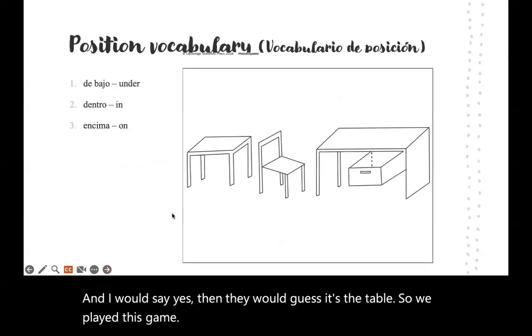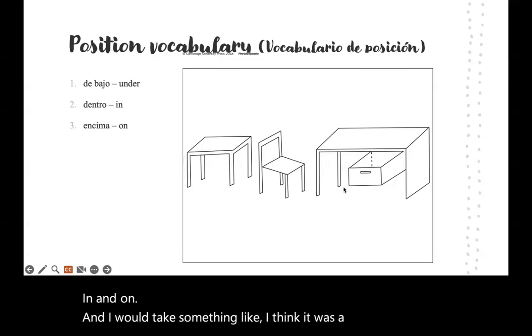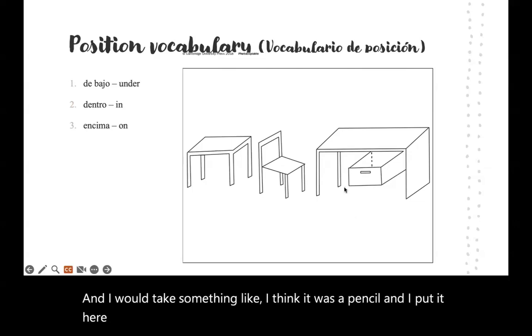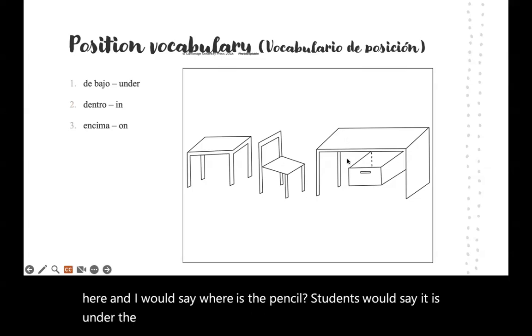Then we practiced our position vocabulary for under, in, and on. And I would take something like, I think it was a pencil, and I put it here and I would say, where is the pencil? Students would say, it is under the table.